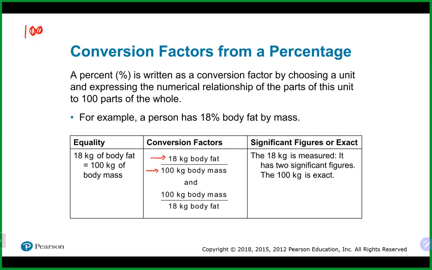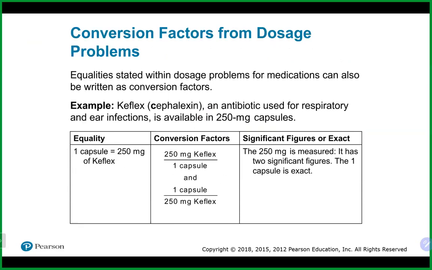The 18 kilograms is measured and has 2 significant figures, and the 100 kilograms is exact. So here we would look at the 18 for our significant figures, because that is really the number that was given to us. We added the 100 to convert the percentage into a conversion factor. So the 18 has 2 significant figures if we were to use this in a calculation.